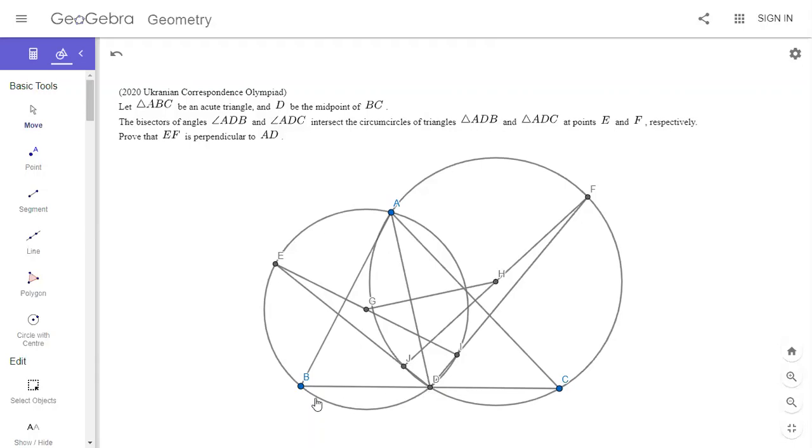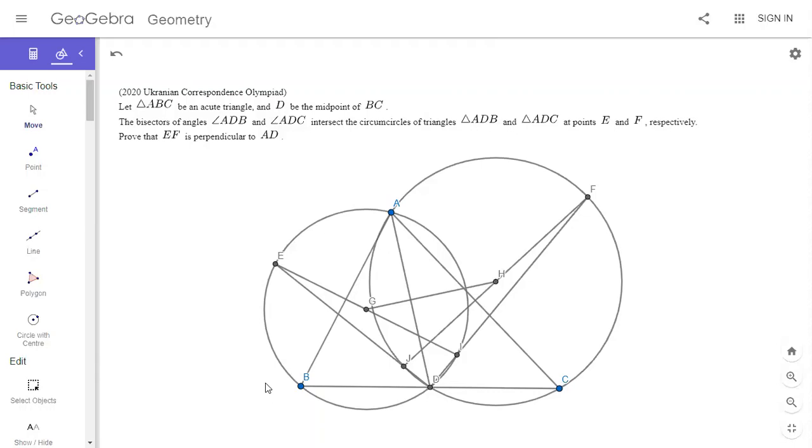So what if we look at the triangles BEI and CJF? And we apply the gliding principle.